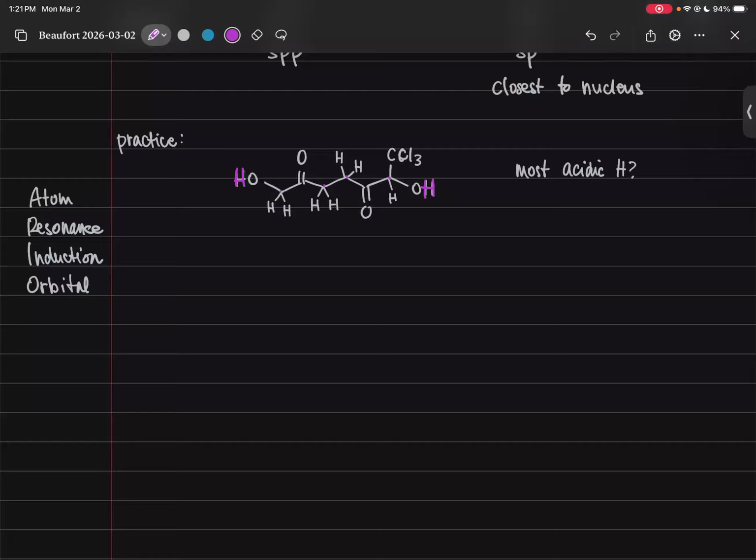Then induction. We do have an inductive stabilizing group here, the three chlorines, or fluorines, or bromines, or whatever.